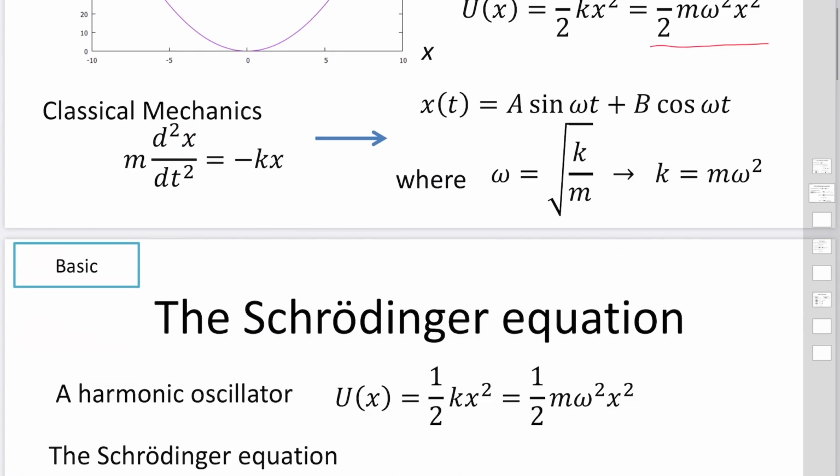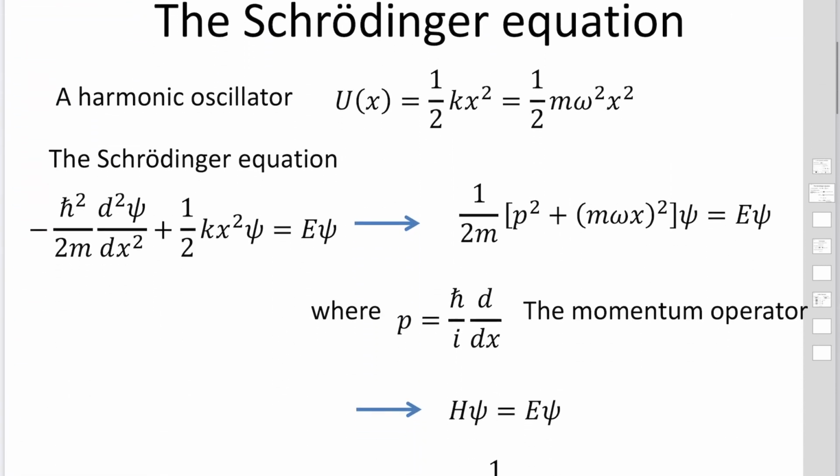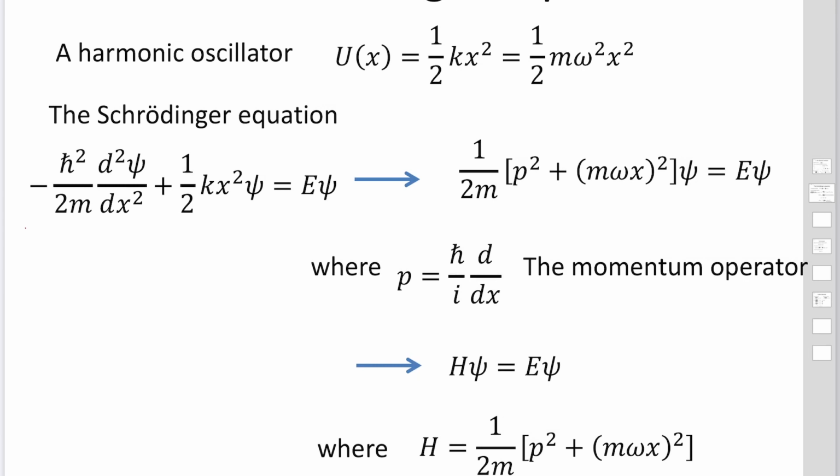So the Schrödinger equation, in that case, is expressed by this equation. Minus h bar squared over 2m times the second derivative of psi with respect to x plus 1 over 2 kx squared psi equals E psi. The left hand side is equal to the energy.